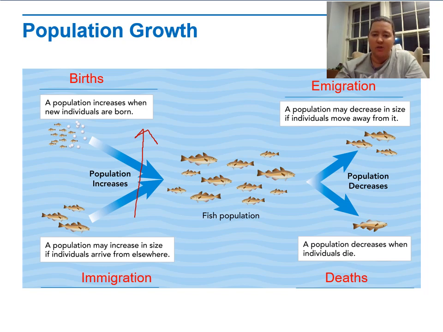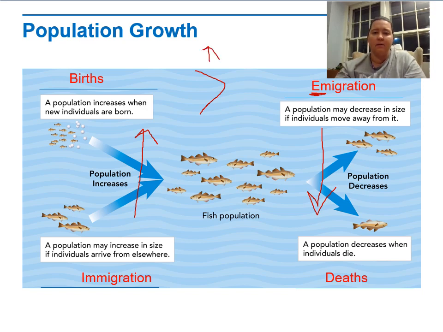We have emigration, which is individuals leaving the population. E for exit. Okay. And then we have deaths, individuals dying. And if they're not being replaced by births, these things are going to end up resulting in the population decreasing. So if births and/or immigration are greater than emigration and deaths, that means the population is going to go up.